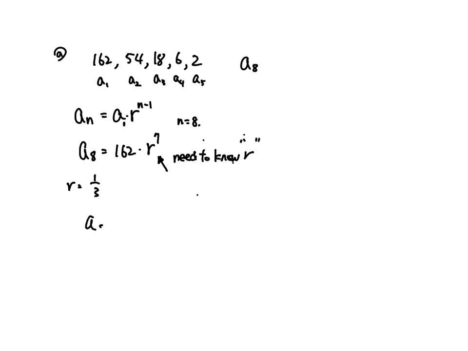So a sub 8 is going to be 162 times 1/3 to the 7th power. I'm going to use a calculator for that because I have no idea what that is. 3 to the 7 is 2187. So this is 162 over 2187. And I'm just going to double check to see if that can be reduced.